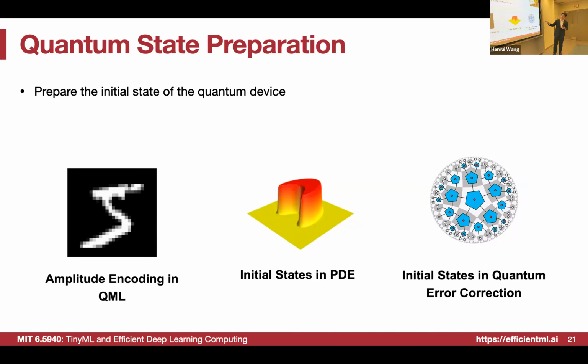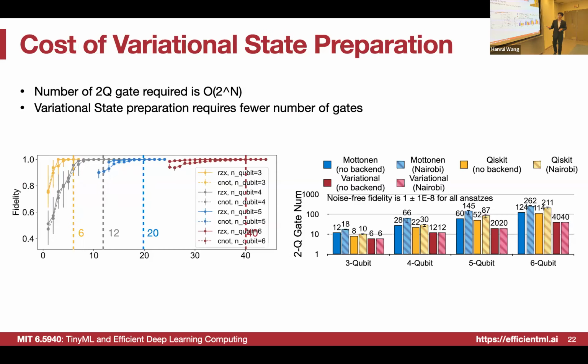State preparation matters because if you have a very good start fidelity of the state, you can expect better fidelity for the later operations on the qubits. There are several previous works developing decomposition-based preparation.